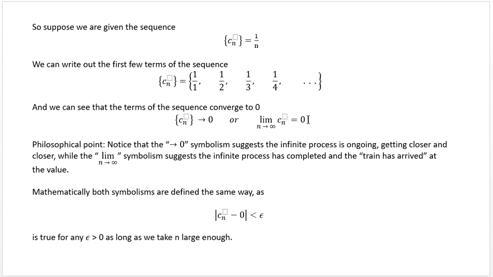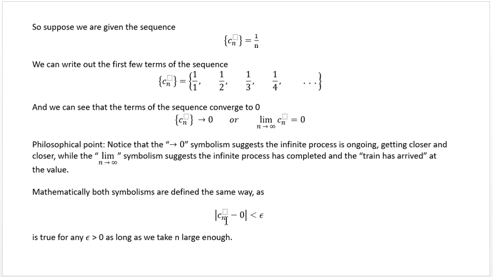In other words, in this case, that we're at 0. Not quite, because the limit, well, the case could be made that this also has the idea of an infinite, ongoing process. But anyway, it's a philosophical point.